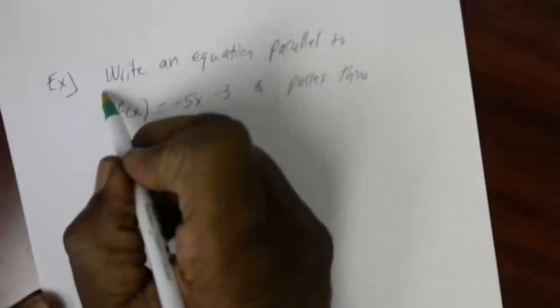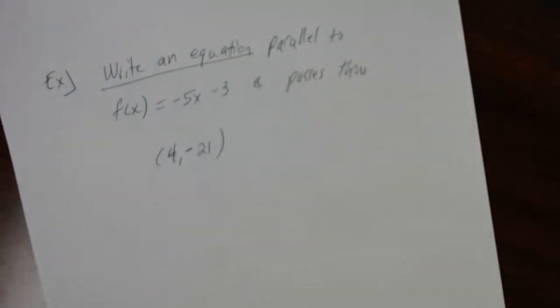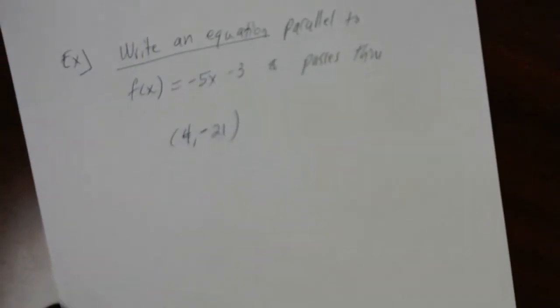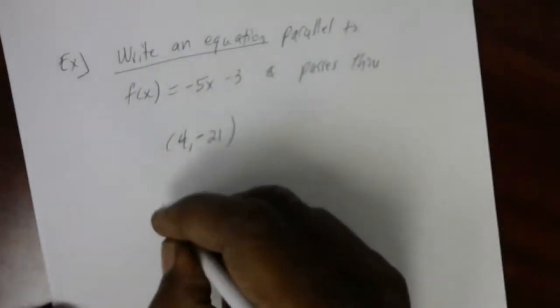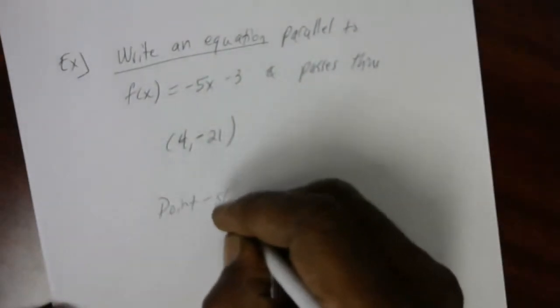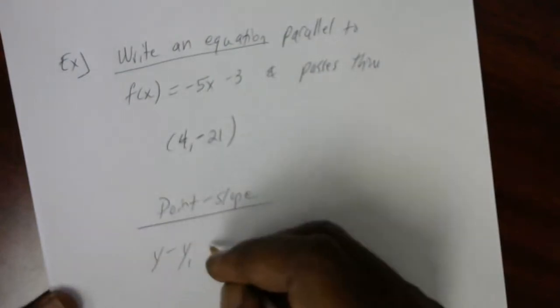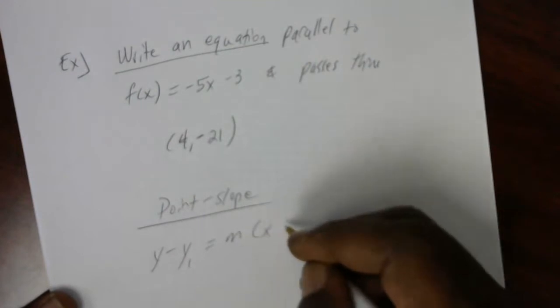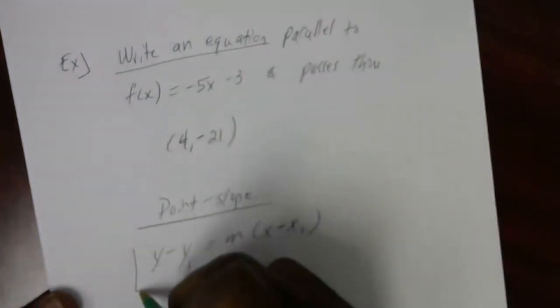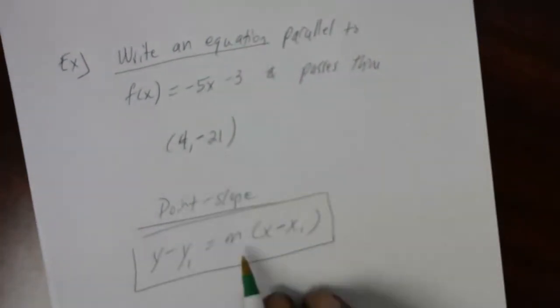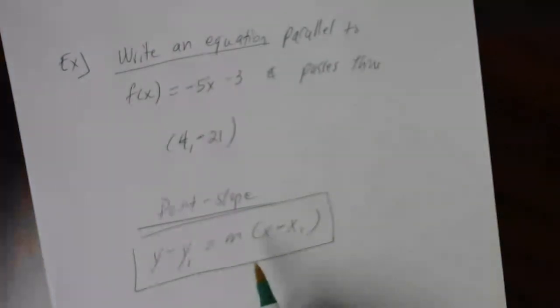Whenever we're asked to write an equation, keep in mind we are going to utilize the point slope form. The point slope form is y minus y sub 1 is equal to m times the quantity x minus x sub 1, where m is your slope and (x sub 1, y sub 1) is your point on the line.